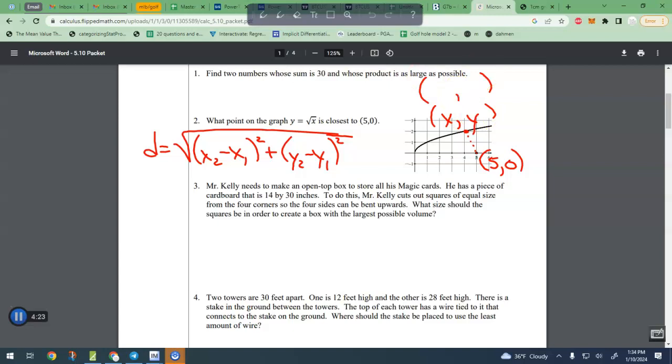The problem with calling it (x, y) is that I just used two variables. What could I put in place of the y that would make it so I'm only using one variable? Isn't y equal to the square root of x? So couldn't I call this point (x, square root of x)? Because these two are the same thing, right?